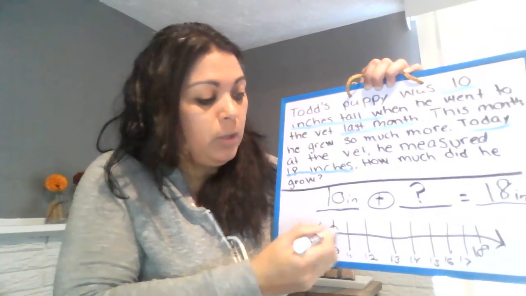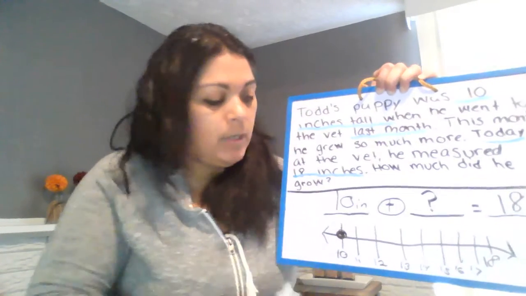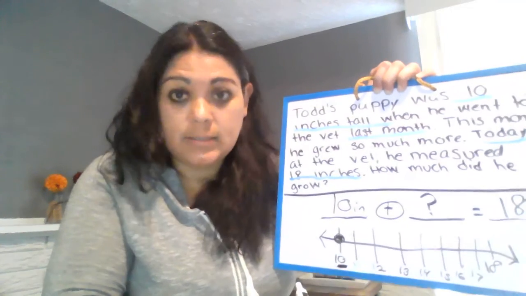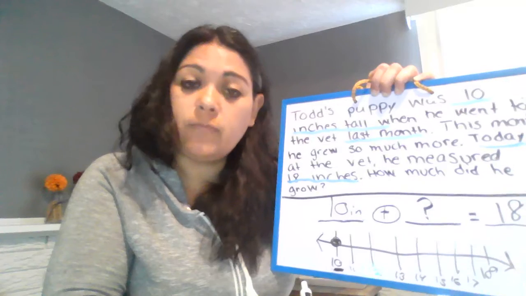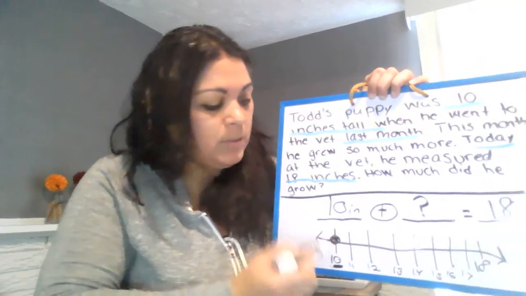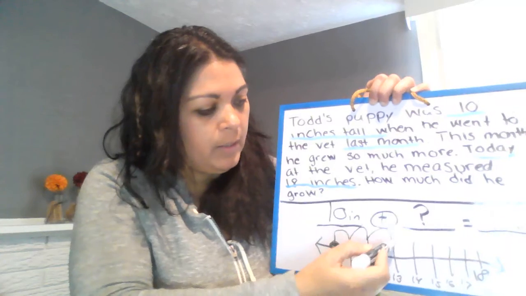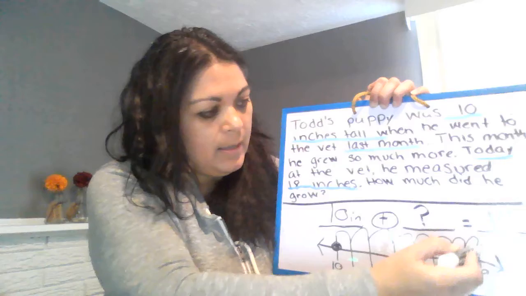I'm going to plot the number that I'm starting on, and I'm going to count forward. Remember, do not start counting on 10. We're starting on any given number and counting forward on the number line. Okay, so we're going to start at 10. Ready? 1, 2, 3, 4, 5, 6, 7, 8.